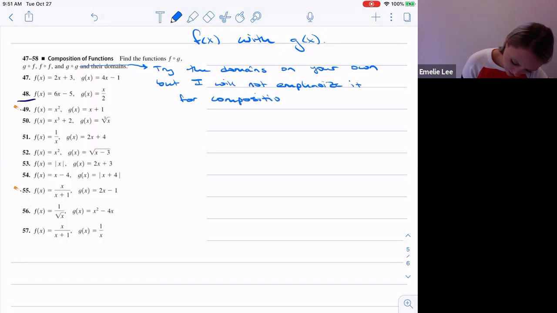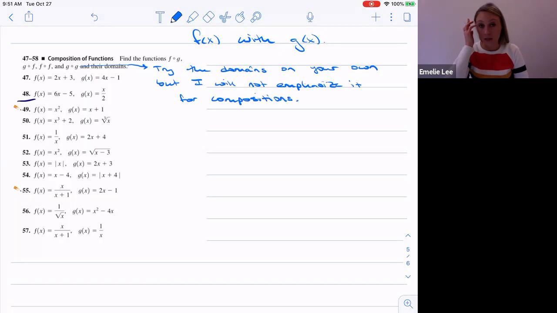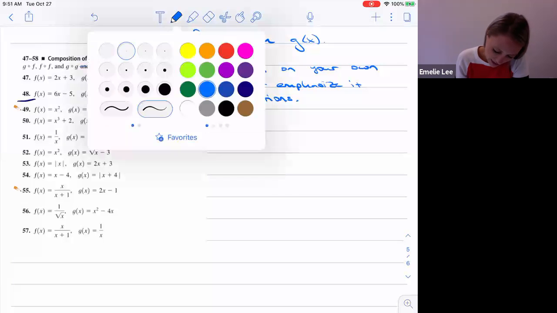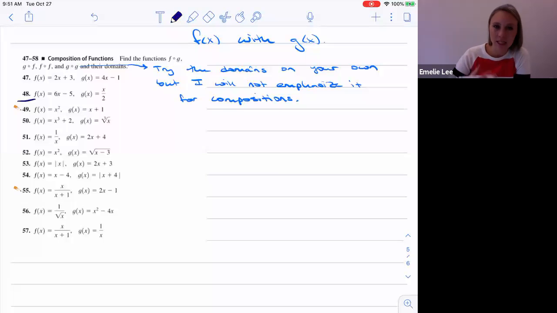Everything else I will. We do spend a lot of time talking about domains and things like that. But for compositions, yeah. And I know that's bad of me, but I just want to get the idea of compositions.